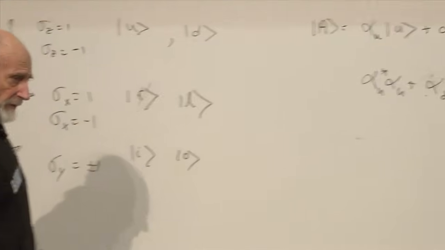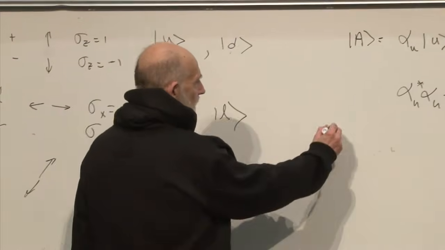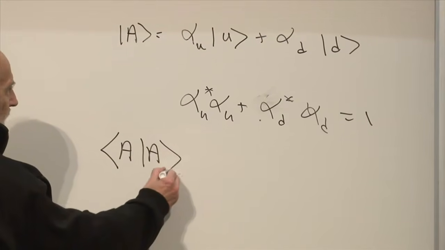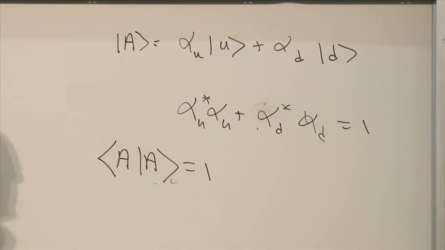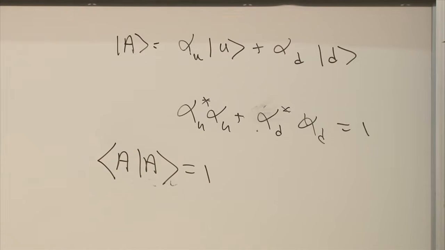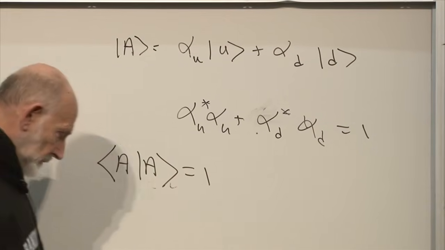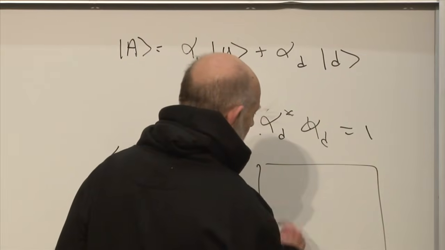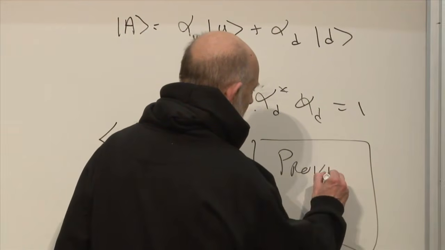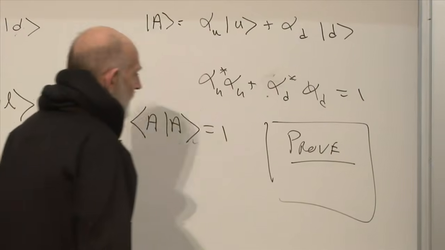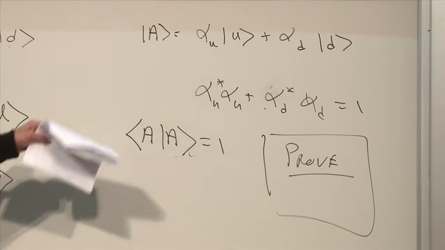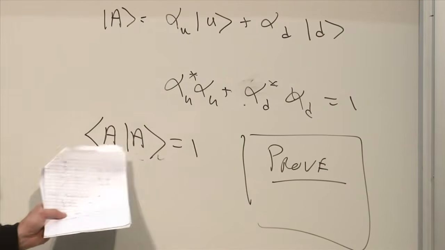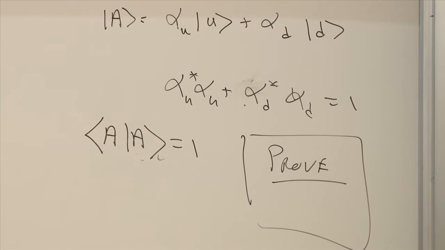But that's equivalent to the statement that the inner product of A with itself is equal to 1. Prove that alpha star alpha summed over up and down is equal to the inner product of A with itself.